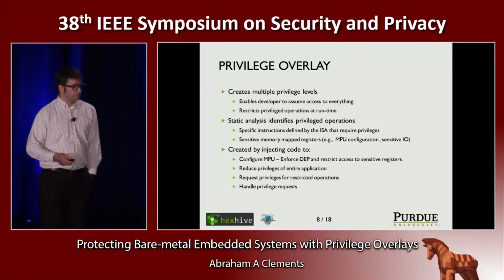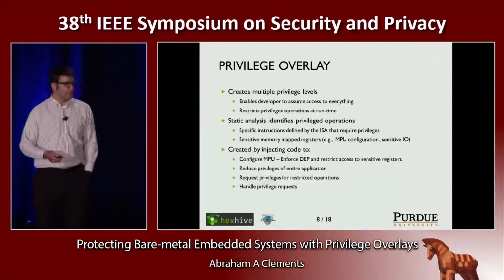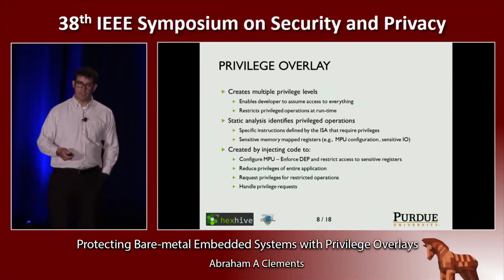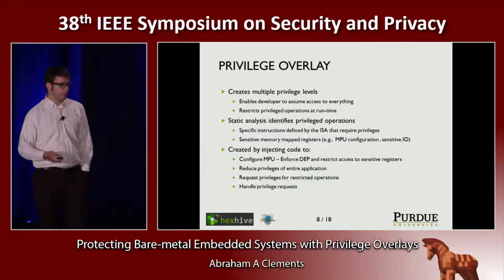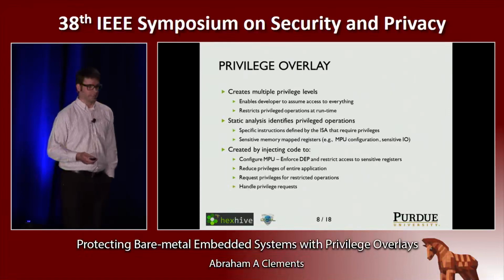So the way we do this is we let the developer assume access to everything. We then use static analysis to identify any privileged operation. So privileged operations are instructions that are defined by the architecture that have to have privileges to execute. An example would be enabling and disabling interrupts.